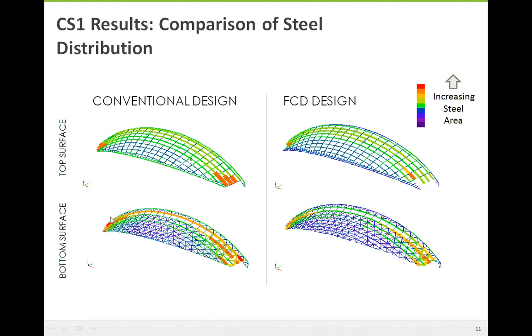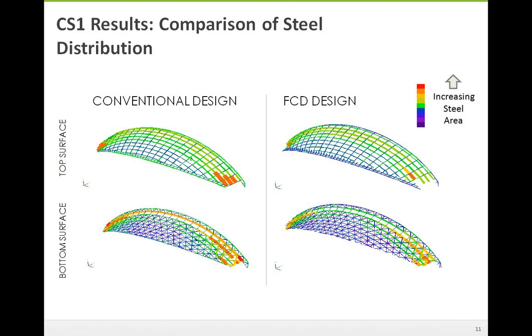When designing the structure conventionally, the design philosophy was we'll make a very stiff rib along the leading edge of the arch there. I'm not sure you can see my cursor, but along that leading edge. And so you see quite a lot of steel on the first bay of the truss.